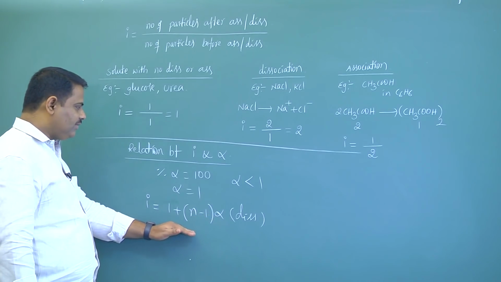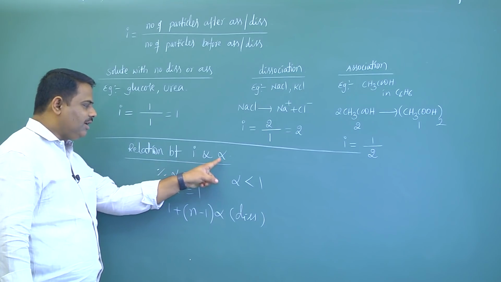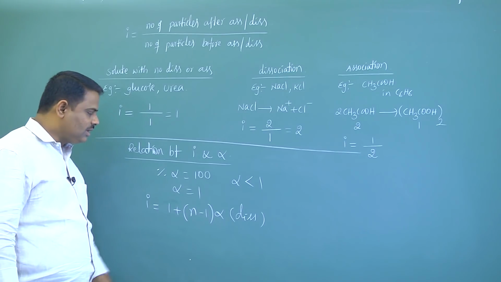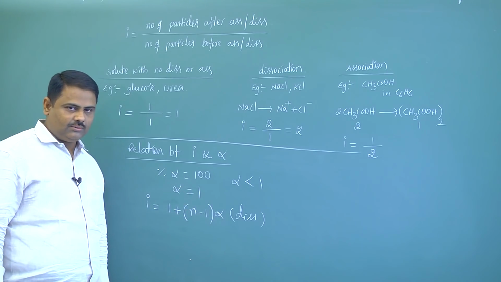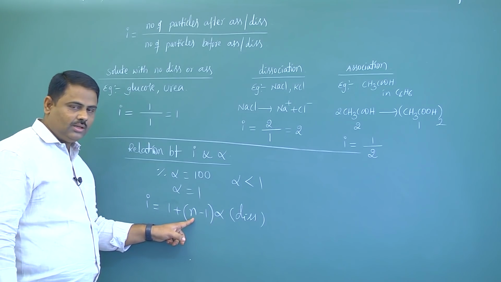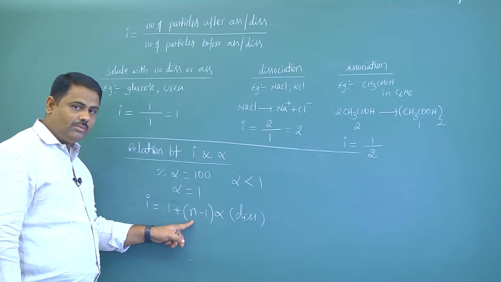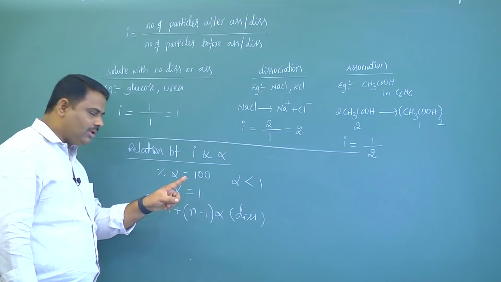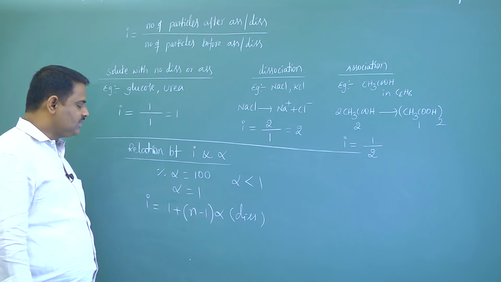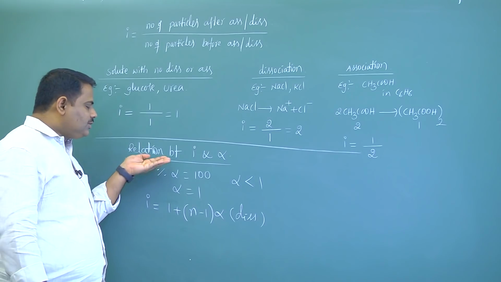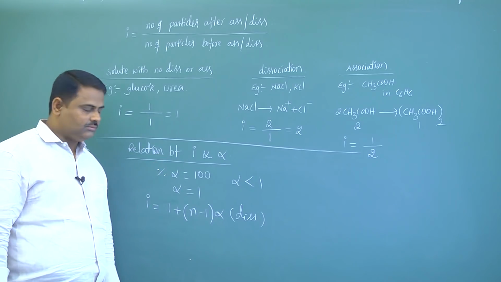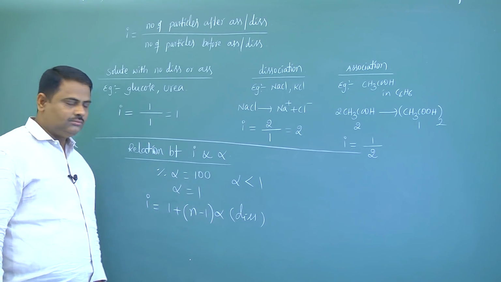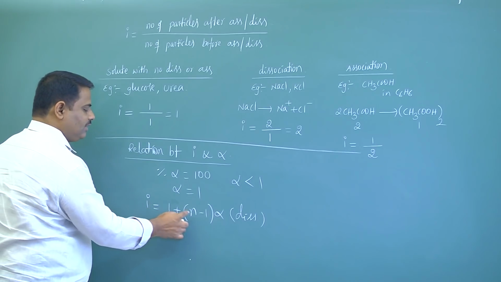This is the relation between the Van't Hoff factor and the degree of dissociation. Here i is the Van't Hoff factor, alpha is the degree of dissociation, and n is the number of particles formed after dissociation. Now for any strong electrolyte, alpha is 1, then i is equal to n.